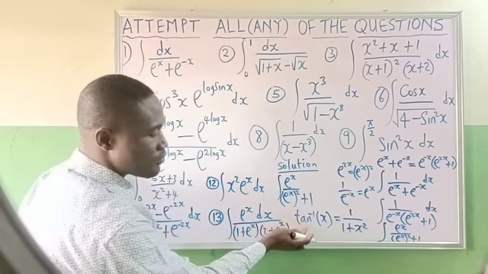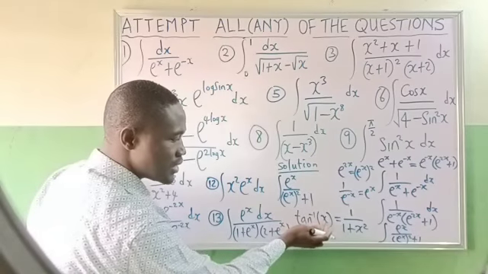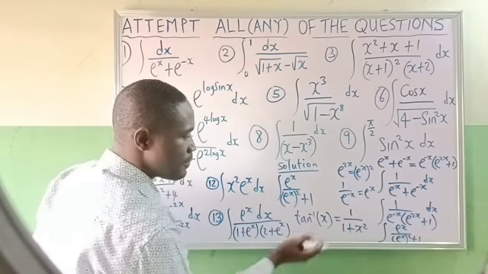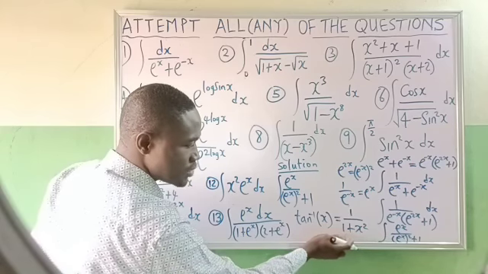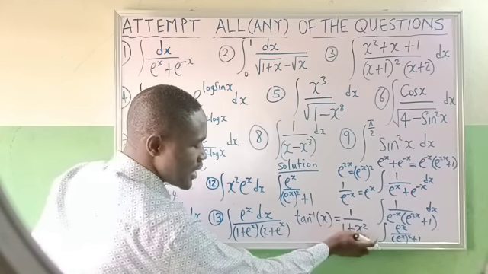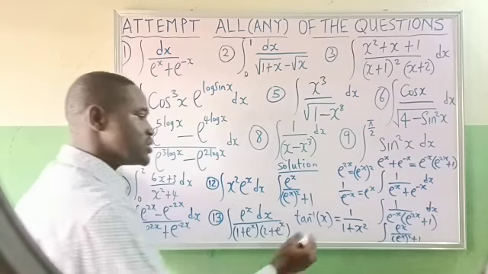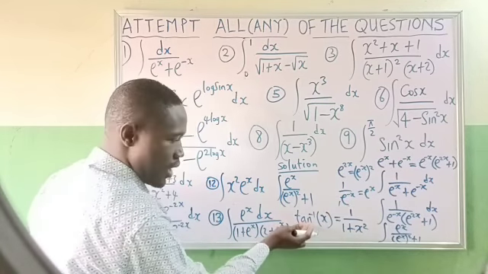Differentiation of tan inverse of x means differentiate x, you have 1, all over 1 plus, that 1 plus you write is a constant, 1 plus x squared. That means when you integrate this, you have this.